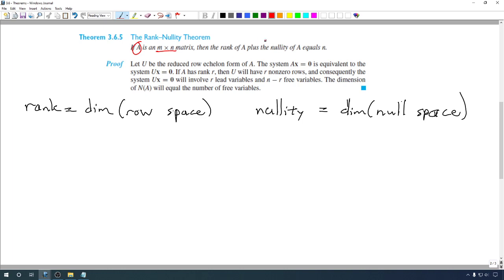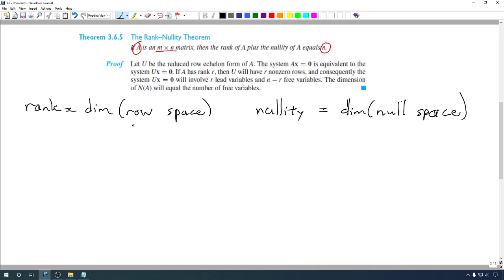The rank of A plus the nullity of A has to equal n, not m. Of course, if A is a square matrix, n by n, then we don't really have to worry about that, but otherwise we do have to be very careful about it.